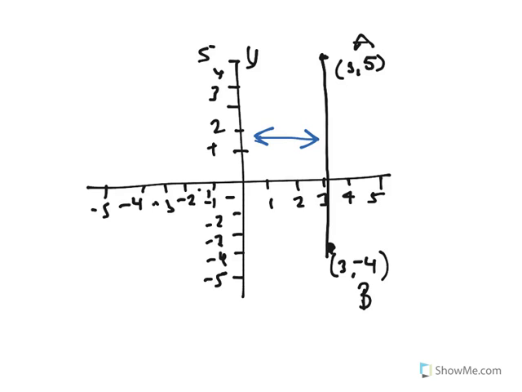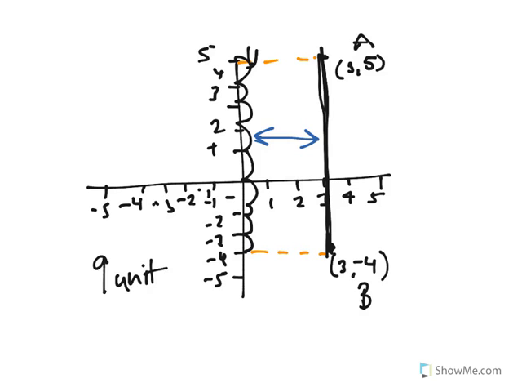We can do the exact same thing that we did with the last one. We can just count units because this line segment right here is parallel to the y-axis. So we can do 1, 2, 3, 4, 5, 6, 7, 8, 9. We counted 9 units as the length of AB. All right?